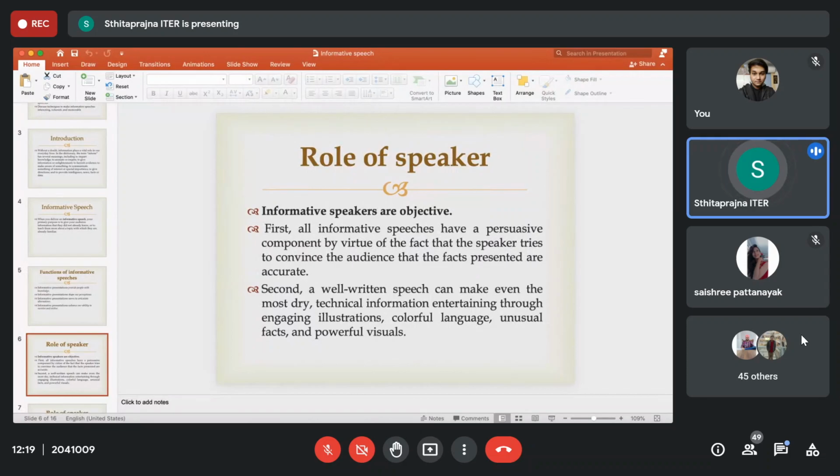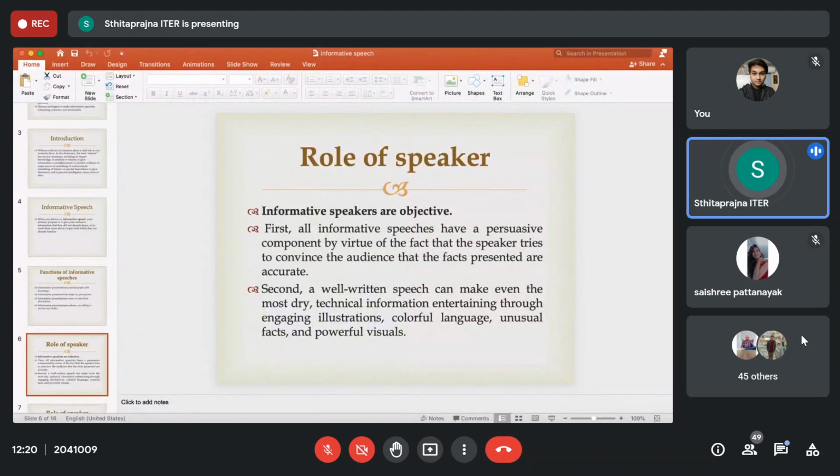Now, informative speakers are objective. What is the role of the speaker? Since this is quite different from persuasive speech, you need to be a little objective. Okay? So, informative speeches have a persuasive component by virtue of the fact that the speaker tries to convince the audience that the facts presented are accurate.